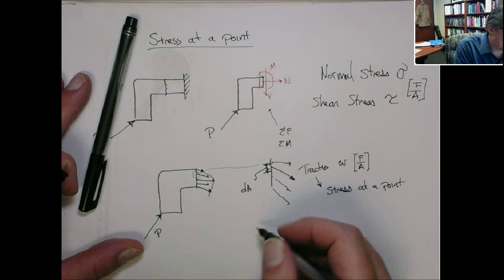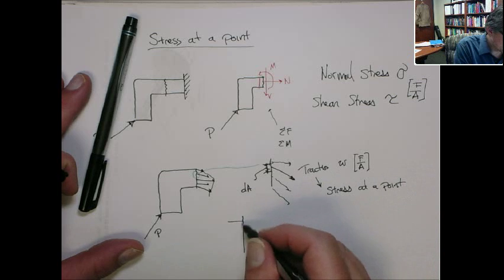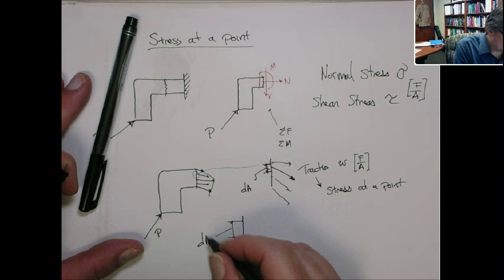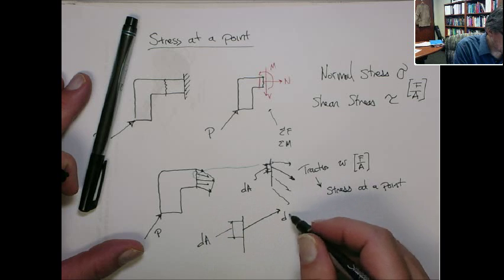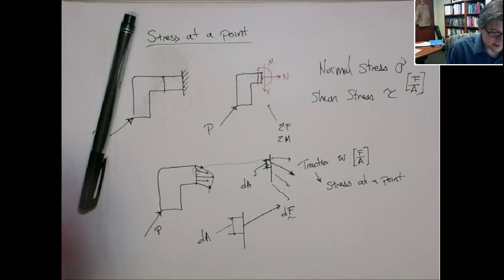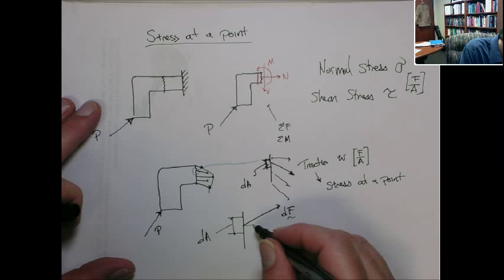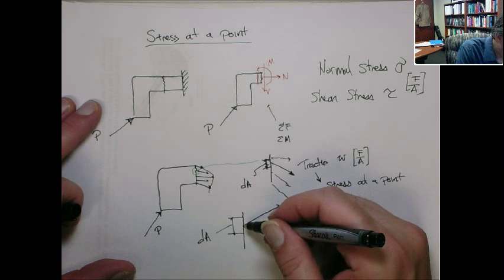So again, imagine we have some differential area. There is a differential force acting here. It's a vector. That differential force has a component in the normal direction, and in the plane.